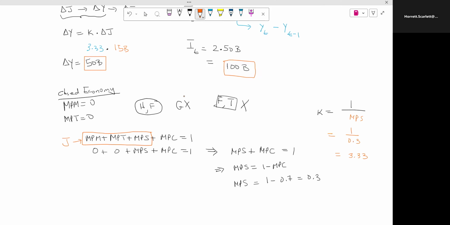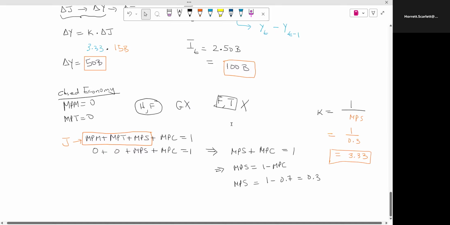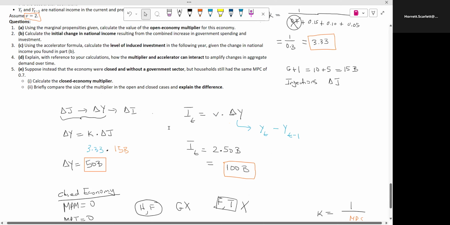So in other words, what we're saying here is that based on the calculations that we have, the multiplier, for the open economy and for the closed economy under the conditions which have been stated, are going to end up giving us back the same value or the same factor, which is 3.33.